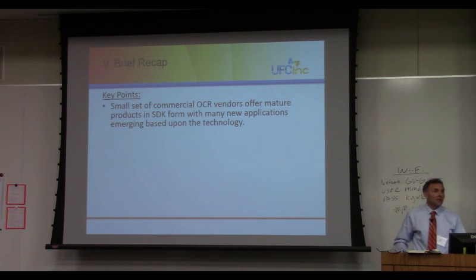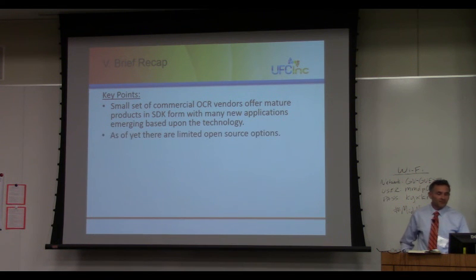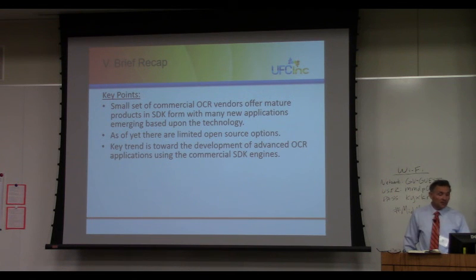Key points, this is a recap as I finish up. We have a small set of OCR vendors with a wide breadth of knowledge, and they all sell their SDKs too. Well, most of what they're doing is selling applications. Right now, limited open source options. That could change, who knows?